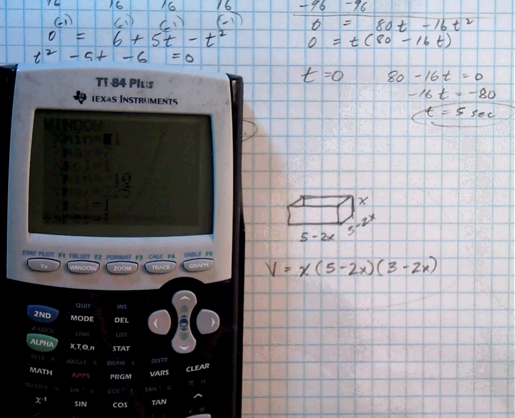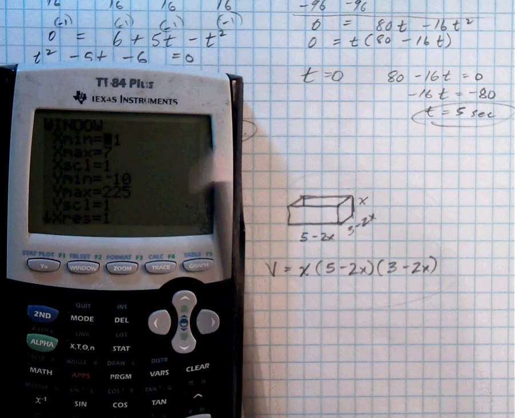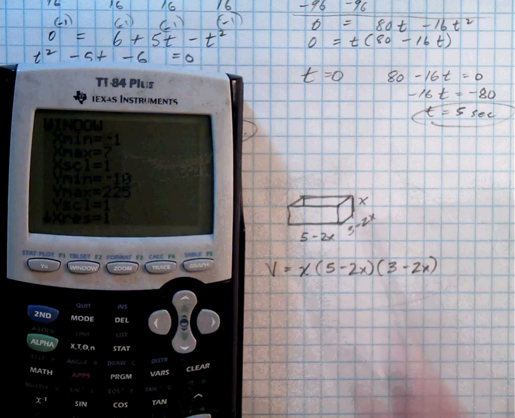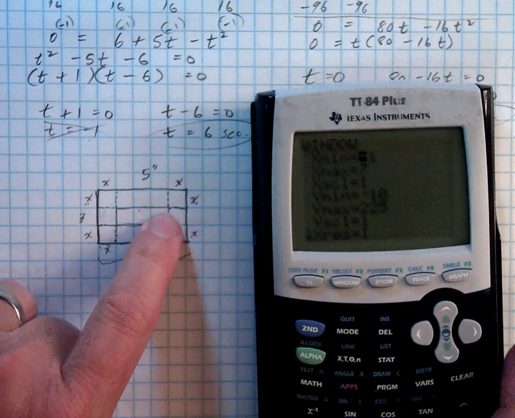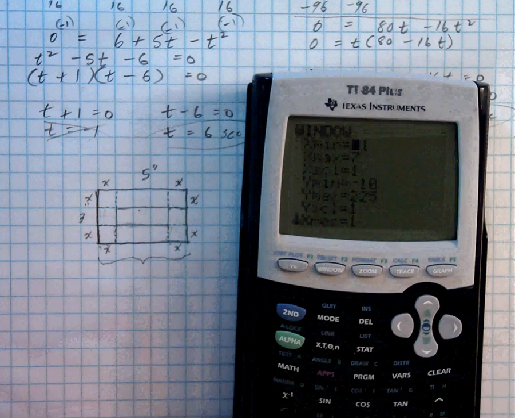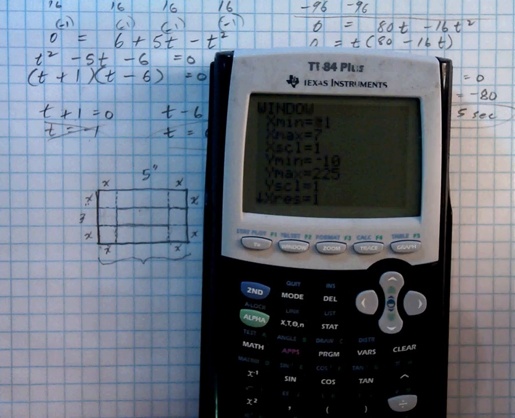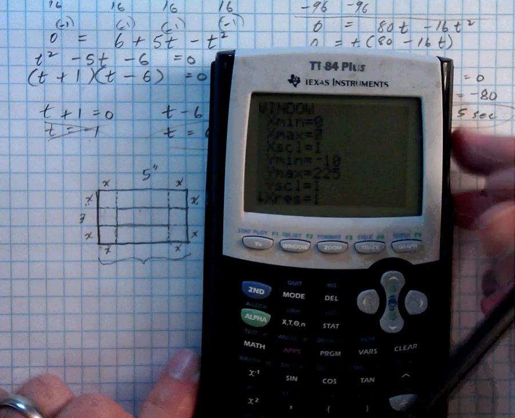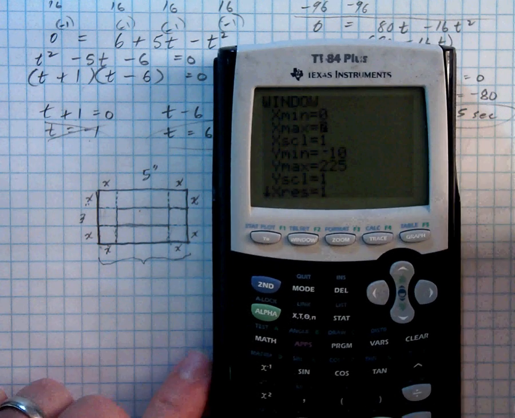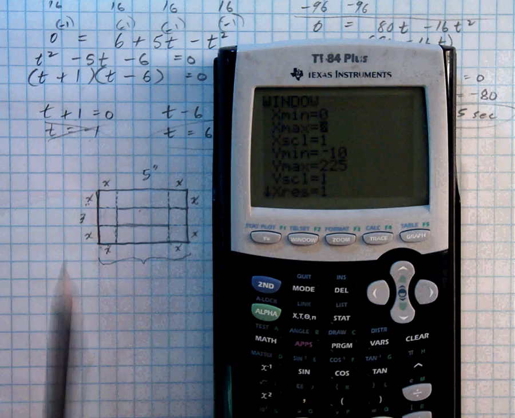So x, remember, represents the size of the cut that you make in the box. So what's the smallest x I'm interested in? Well, obviously, I can't make a cut smaller than 0, so I'll put in 0. And what's the biggest my cut can be? What's the maximum size cut? So what's the maximum x can be?